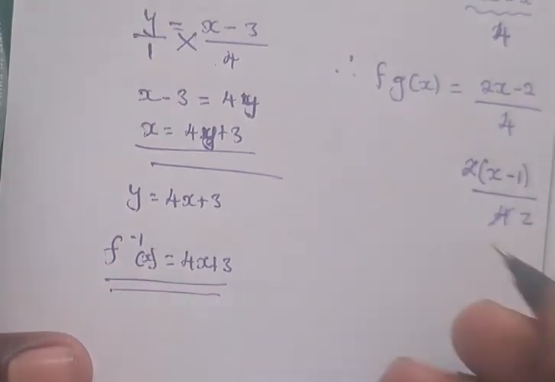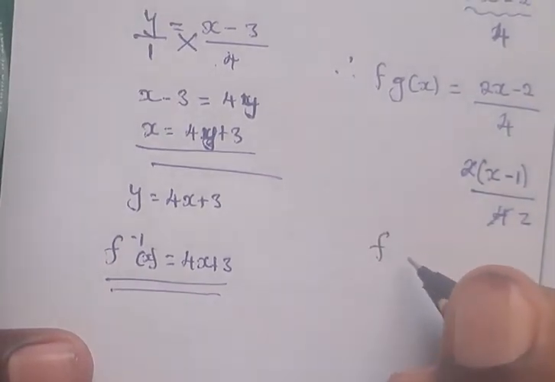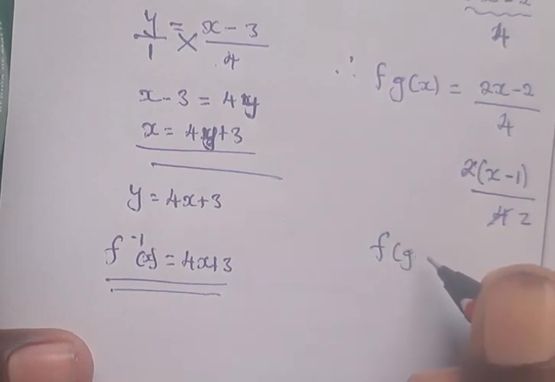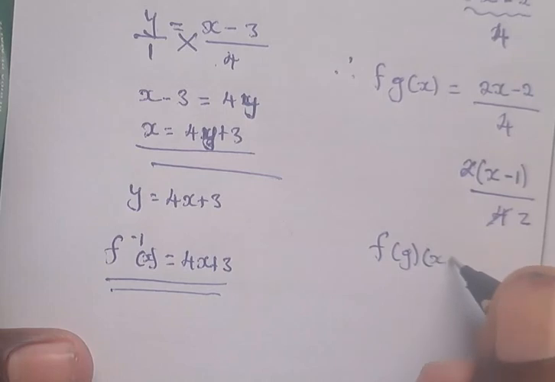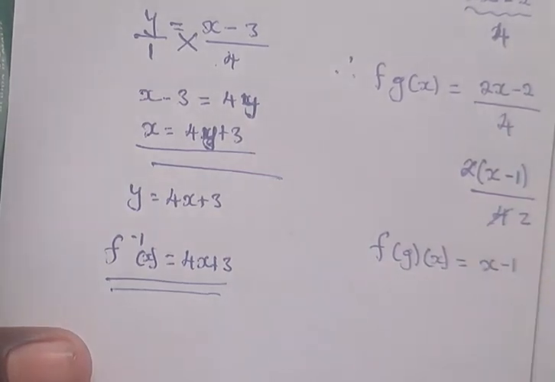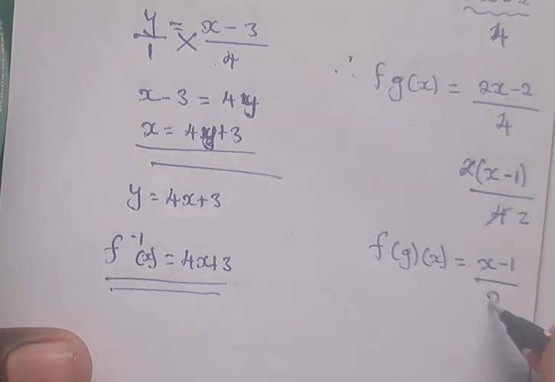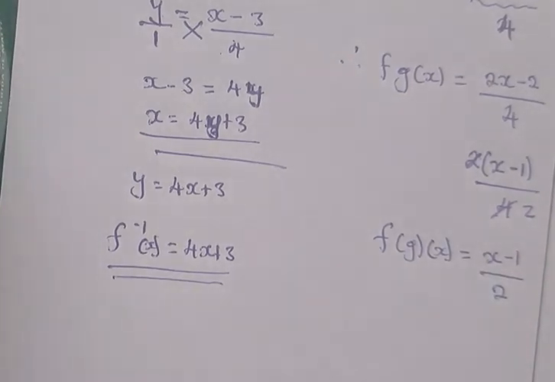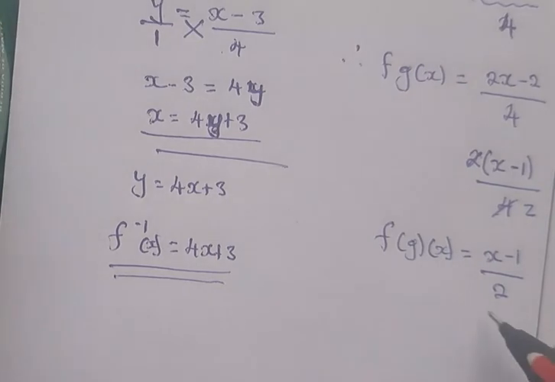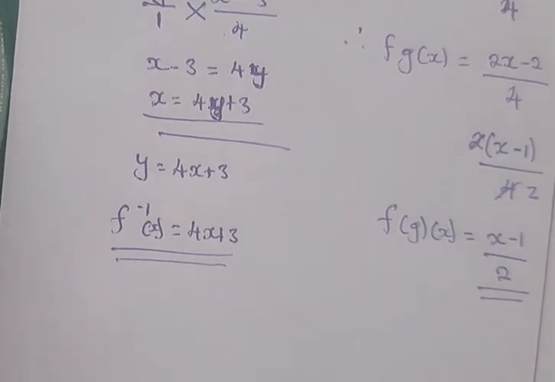So finally now we have the function of g is equal to x minus 1 over 2. Yeah, this one looks cool now, right? So this becomes our answer.